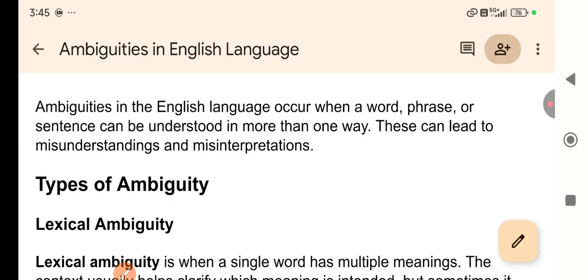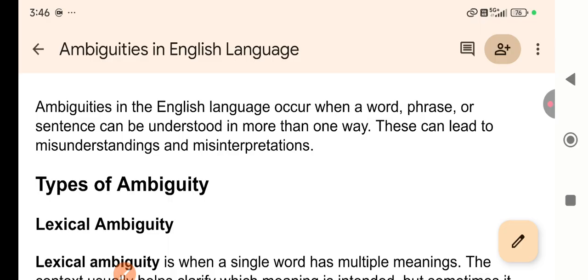In the English language also, there are some words, or sometimes the sentence structure is not framed properly, and that is why there is ambiguity in the sentences. So ambiguity occurs due to the choice of words.